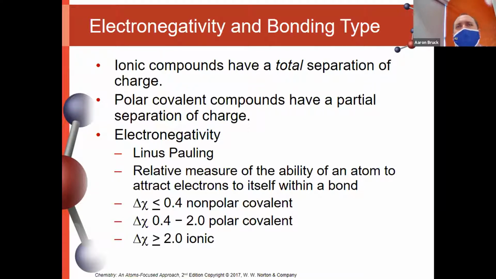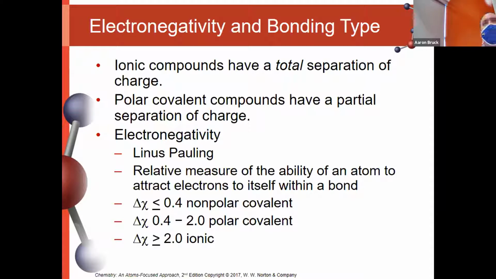It's something called the Pauling electronegativity scale. If we look at an element on the Pauling scale, we can evaluate quantitatively how well that atom attracts electrons. The higher the value is, the more likely it is to do that.